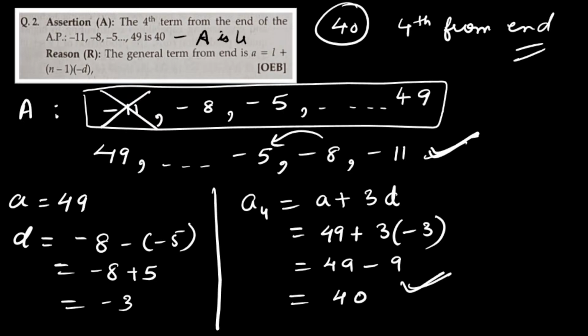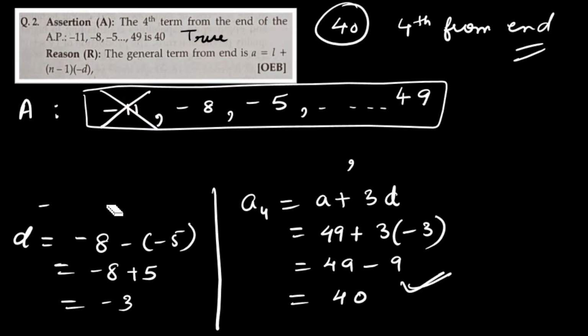A is true, and this type of question you can get in a subjective type of question also. Find the fourth term from the end, find the fifth term from the end. So what you have to do, you have to reverse the given sequence and find the required term using the same formula of an.